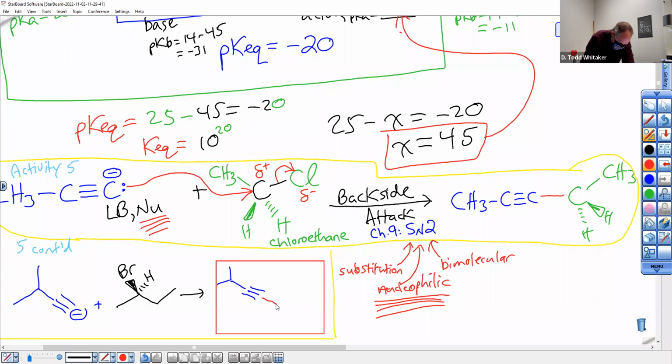Why is that exciting? Is that new bond? Back to me. Why is that so exciting? That's synthesis, making carbon-carbon bonds. Exciting. And we're not quite done with that box. There's a stereo center that got attacked.